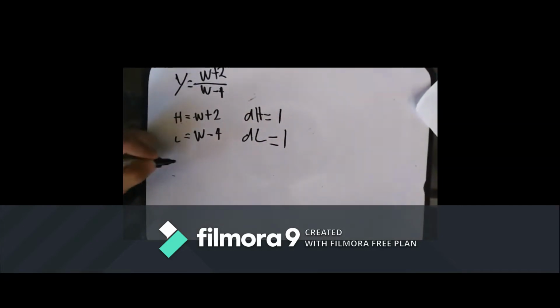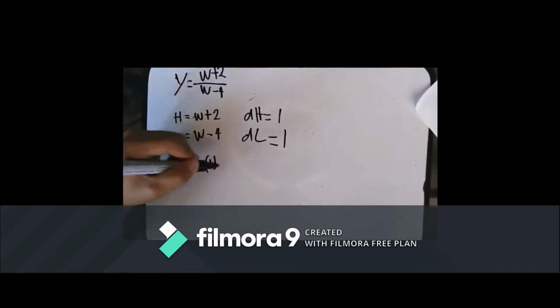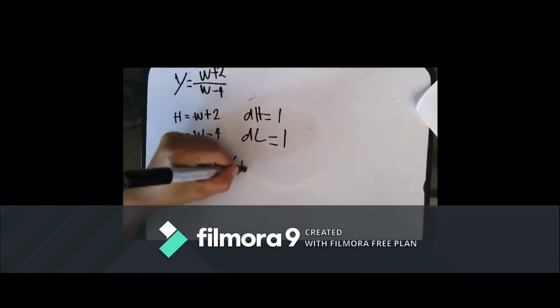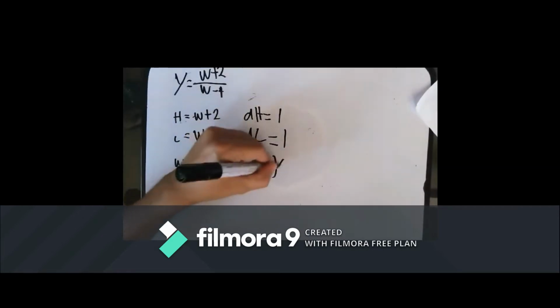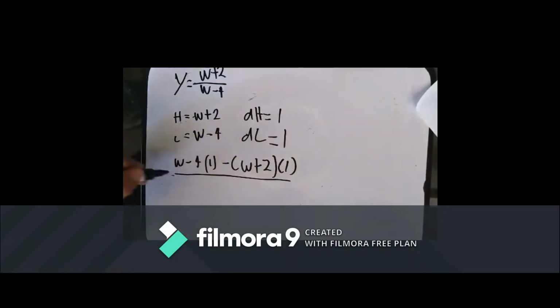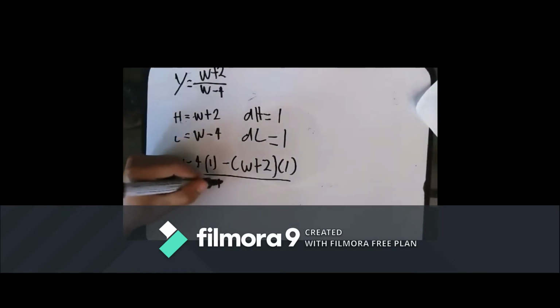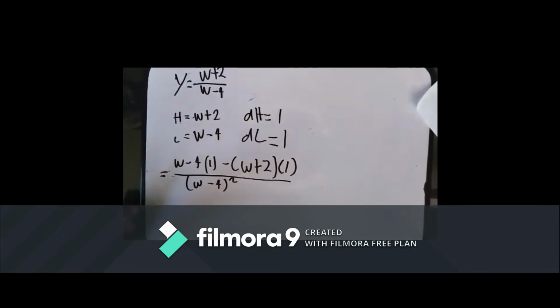And then w minus 4 times 1 minus w plus 2 times 1 all over w minus 4 squared.